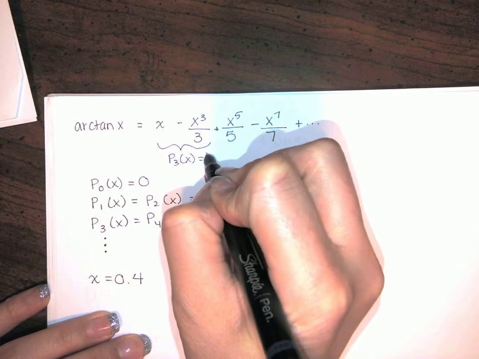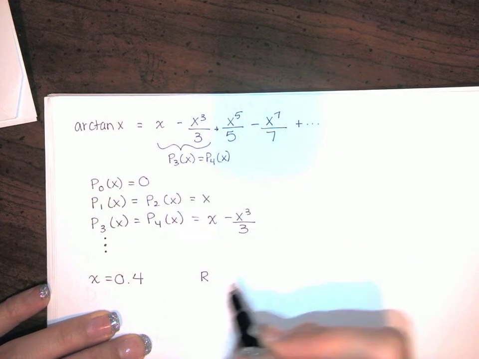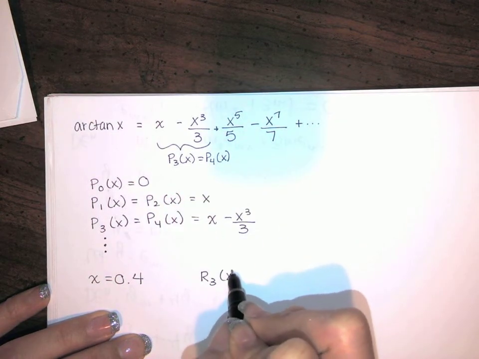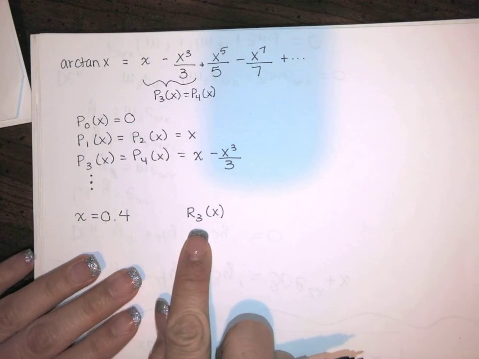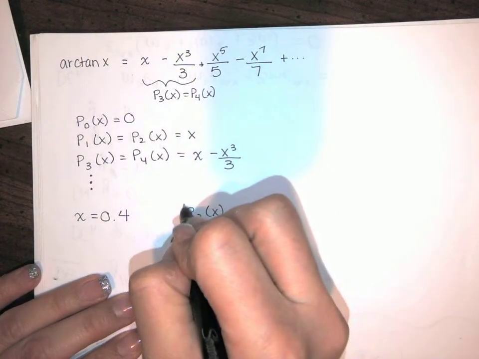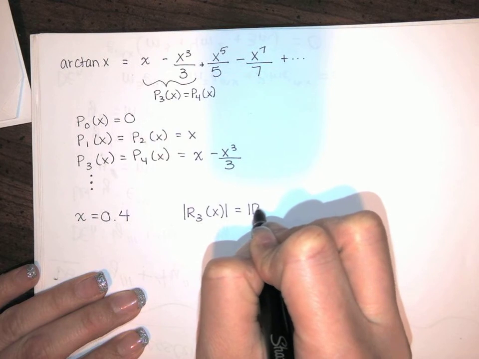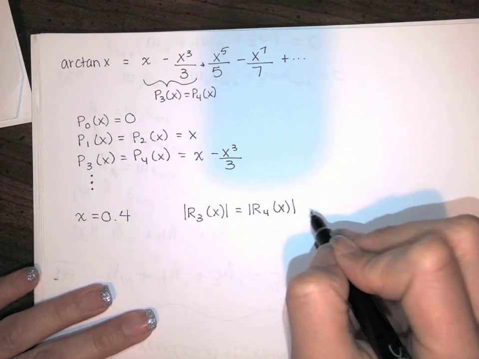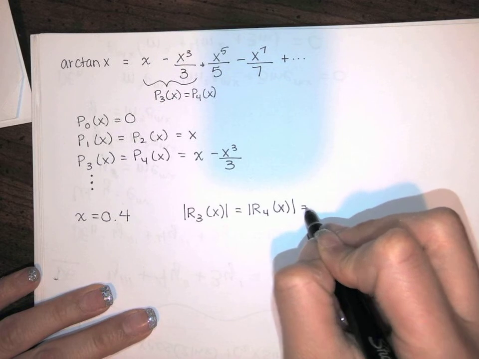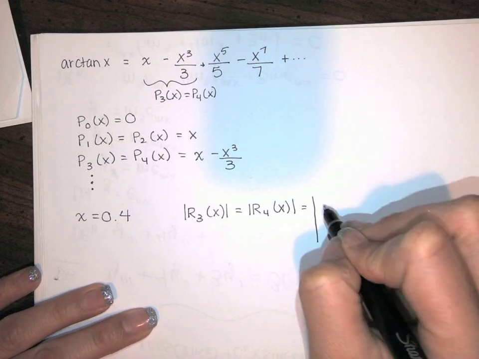But p sub 3 and p sub 4 are the same. So the error for that 3rd degree polynomial or 3rd order Maclaurin polynomial is the same as the error for the 4th order Maclaurin polynomial.